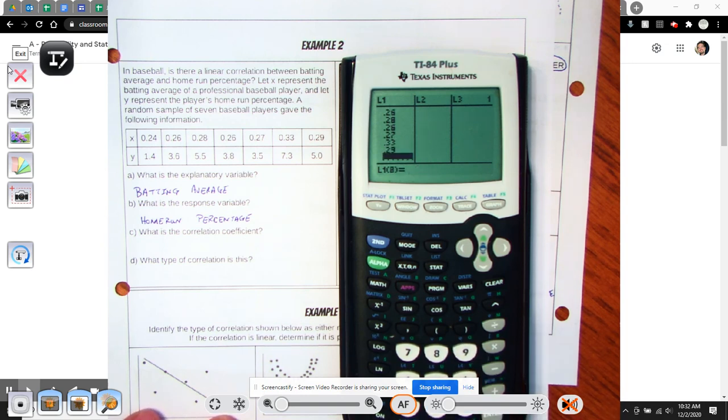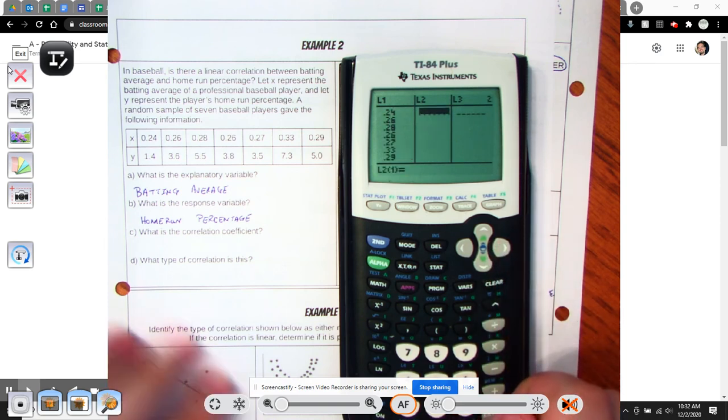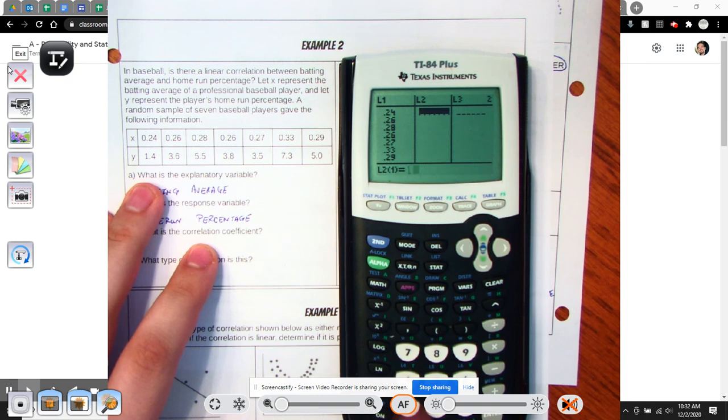So I just went left to right. I'm going to hit over to get to list 2 and put in the numbers. So 1.4, 3.6, 5.5, 3.8, 3.5, 7.3, 5.0.